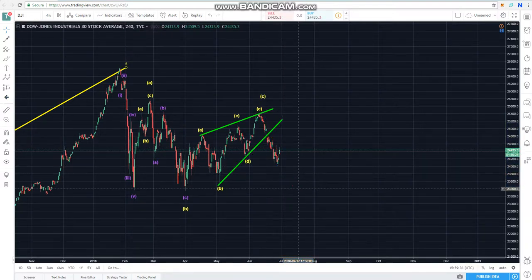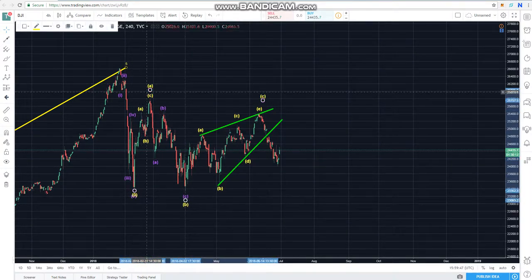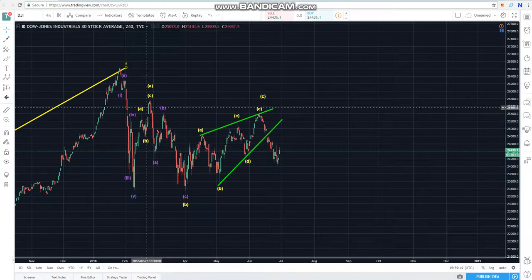So you can see that based on this Elliott wave count, this is a corrective upwards ABC count with subwaves of ABC, ABC, and ABCDE.